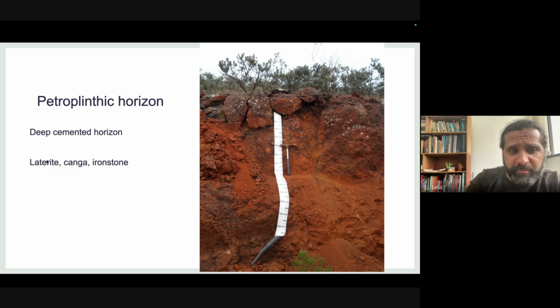We have some popular names that are quite common in Brazil, and I know that are also common abroad, like Australia, Africa, and even some parts in Asia, that call the petroplintic horizon laterite, kunga, or iron stones. So all these three words just express what in soil science we call the petroplintic horizon. Okay.